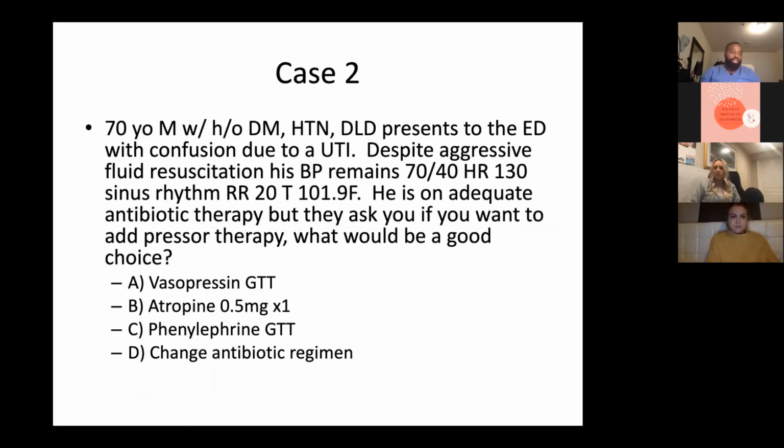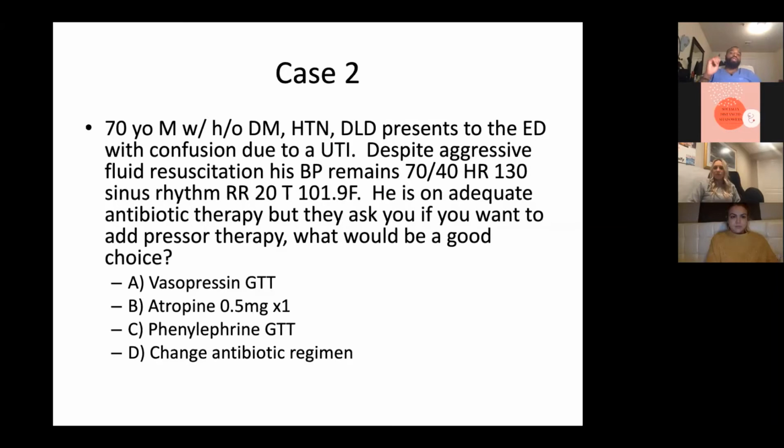So the next case, 70-year-old male with history of diabetes mellitus, hypertension, dyslipidemia, presents to the ED with confusion due to UTI. All right. Despite aggressive fluid resuscitation, his blood pressure remains 70/40. Heart rate is 130. Sinus rhythm.